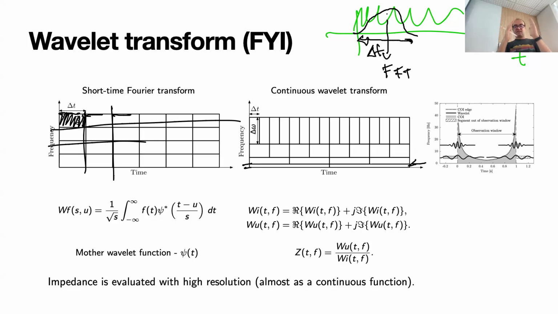As the frequency increases, we have really good time resolution. We can see whether spikes occurred, but we don't have a frequency resolution that is good enough. But this adaptability is something that we are going to exploit in the next couple of slides.